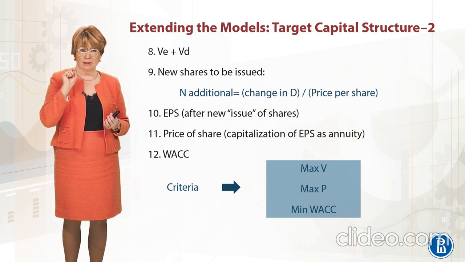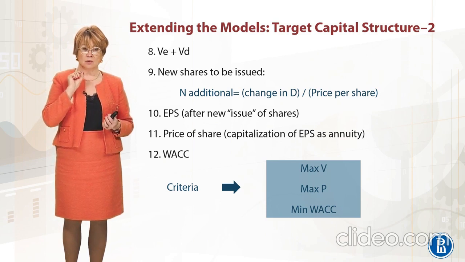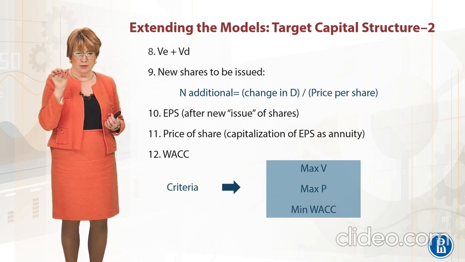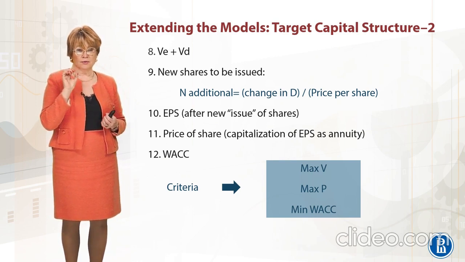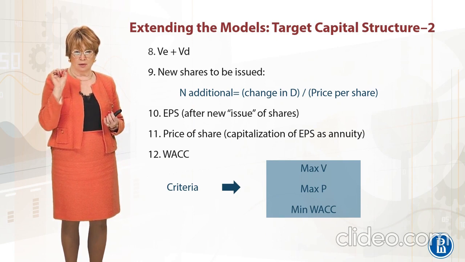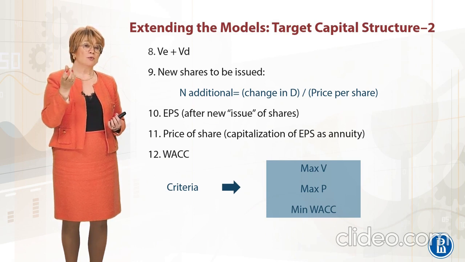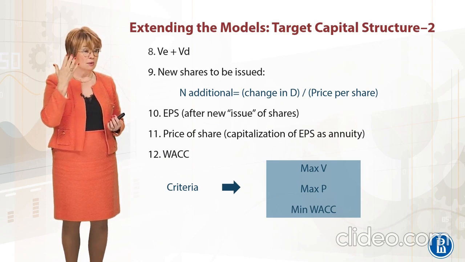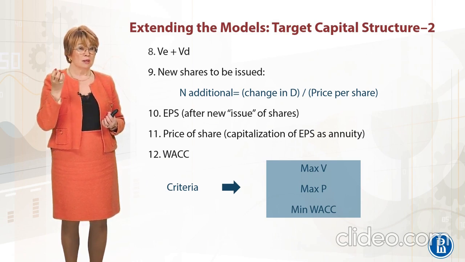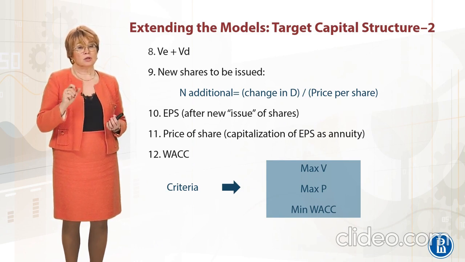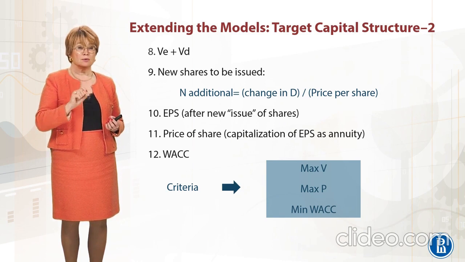Step number 11 says, now we need to understand how the price of common shares increased. How can we get it? We now got, after step number 10, a new value for EPS. It increased because we are assuming the same amount of earnings is distributed among a decreased number of shares outstanding.